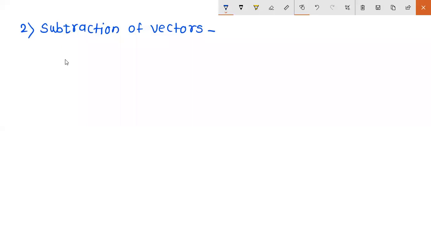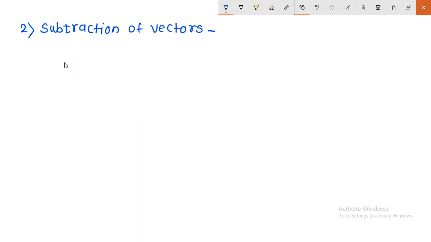Parallelogram law and head to tail or triangle law, right? So subtraction can be drawn in terms of addition only. This is similar to the addition. We are adding two vectors here also, but let's see how.